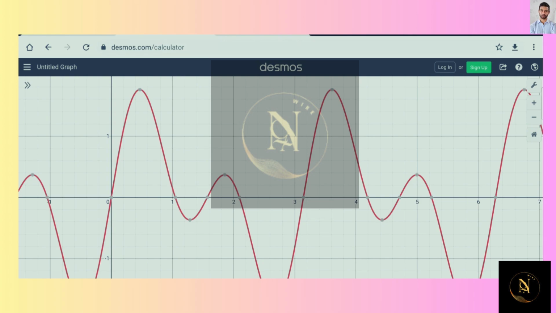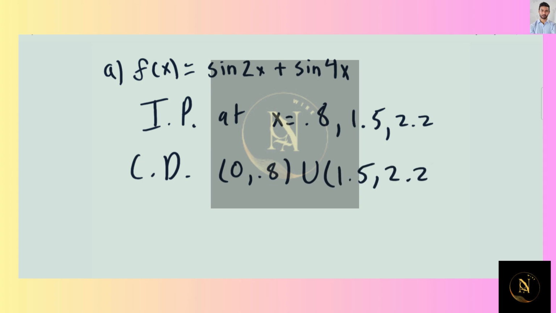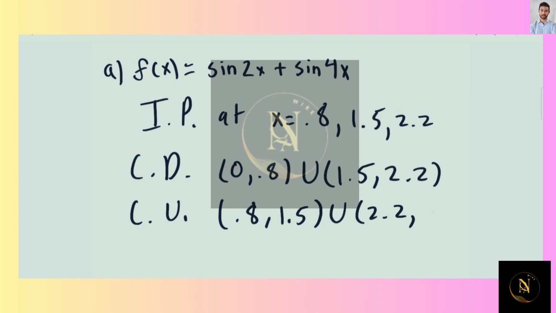So we're concave down from 0 to 0.8 and from 1.5 to 2.2. And then we're going to be concave up on the other intervals, so from 0.8 to 1.5 and from 2.2 to pi, since we're only looking at our function on the interval from 0 to pi.